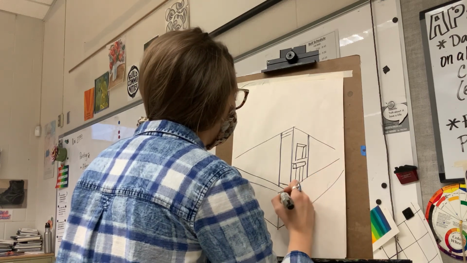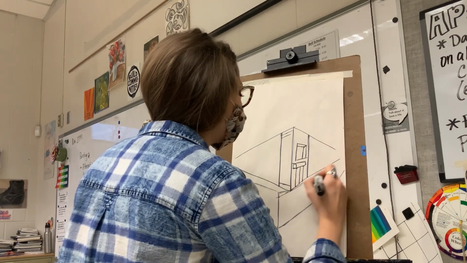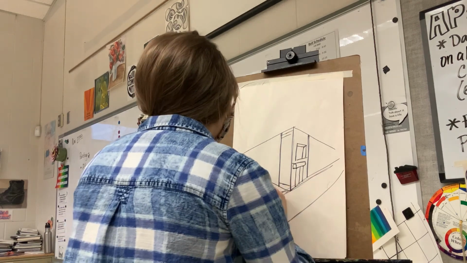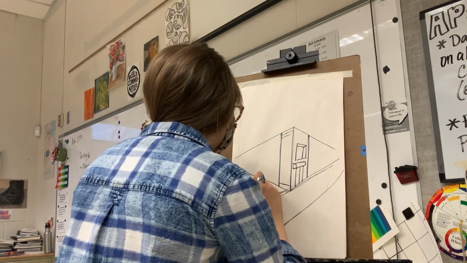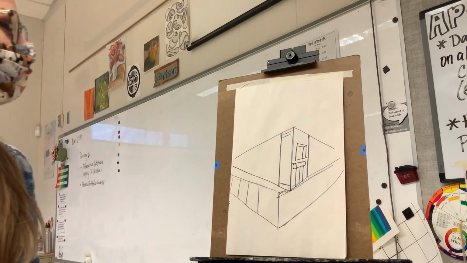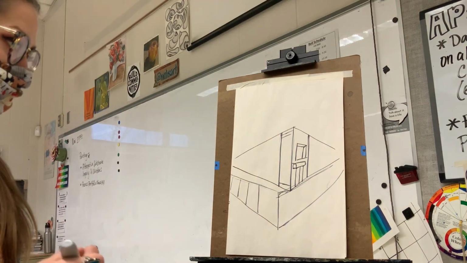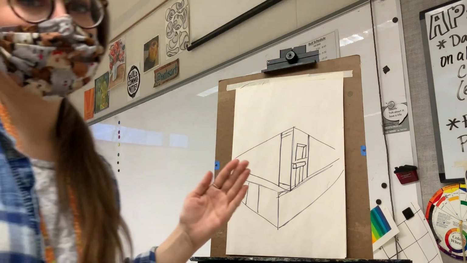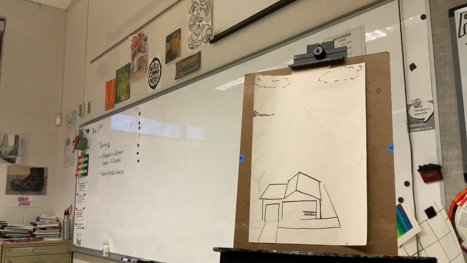So I'll just use that for the top of my countertop, it looks like. And remember, as you go back, they get closer and closer together, right? So if it's the edge of something, this helps you plan where.